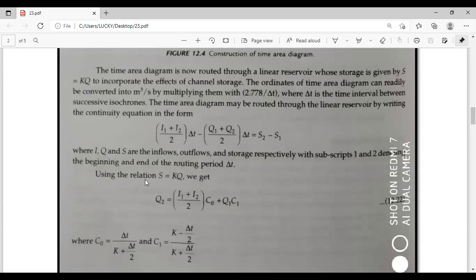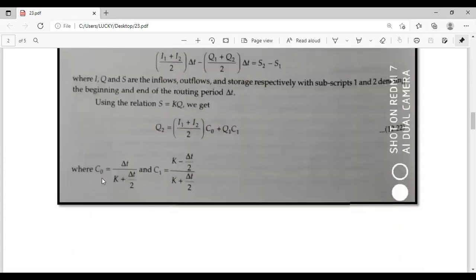Here, using the relation S = KQ, we get Q2 = ((I1 + I2)/2) C0 + Q1 C1, where C0 = delta t / (K + delta t/2) and C1 = (K - delta t/2) / (K + delta t/2).